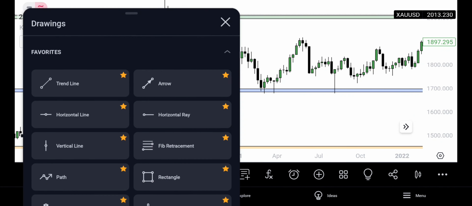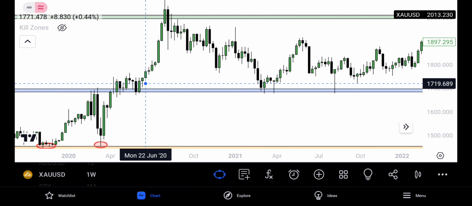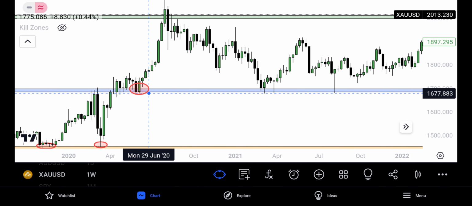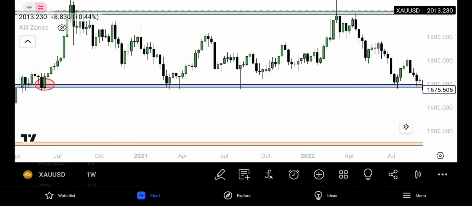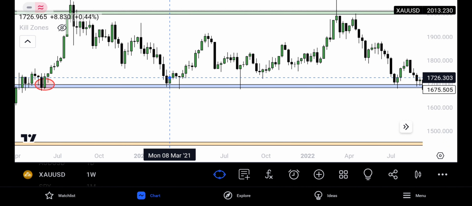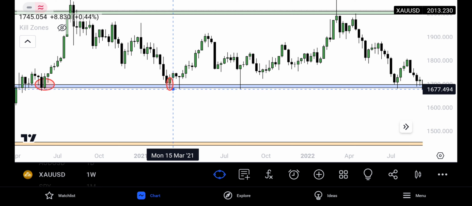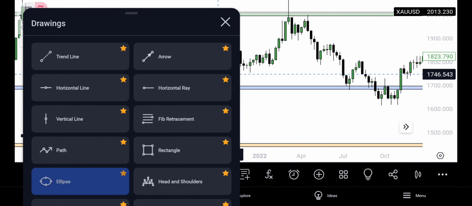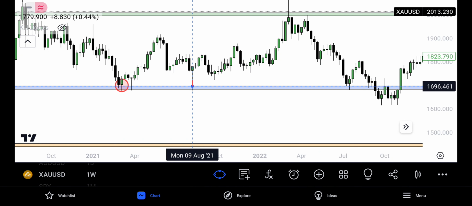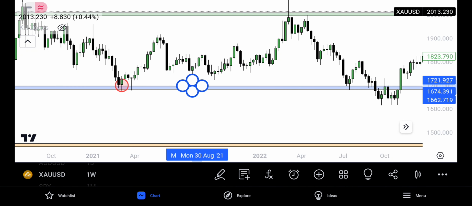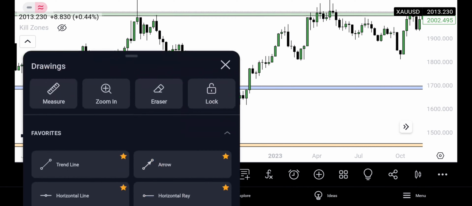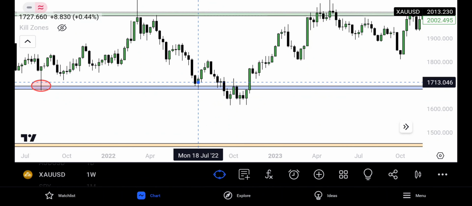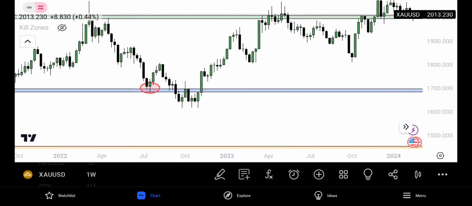Let me just zoom it out for you guys. So that's the first touch. You can also see another touch here, another touch here, another touch here, and another touch here.